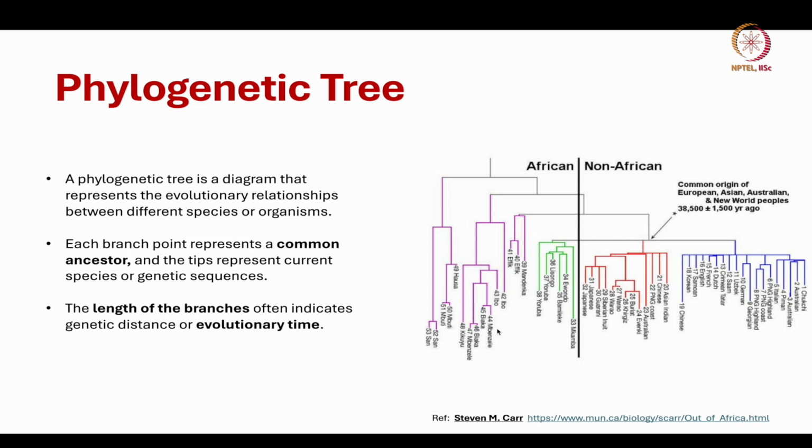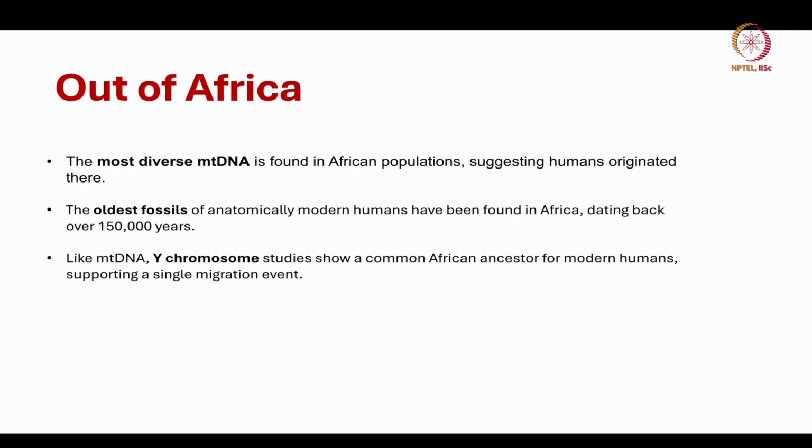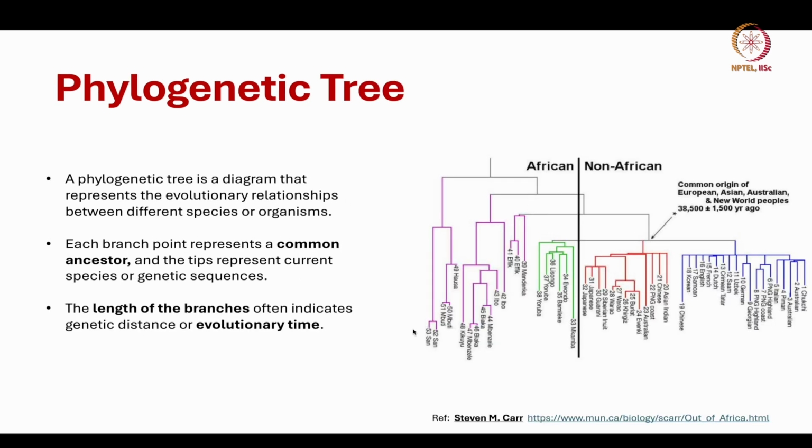Almost all of these are African genomes, and these are non-African genomes. As I mentioned in the previous slide, the most diverse mitochondrial DNA is present in Africa. So here the diversity is very large, however here the diversity is very small, which are non-African, which supports the out of Africa hypothesis.